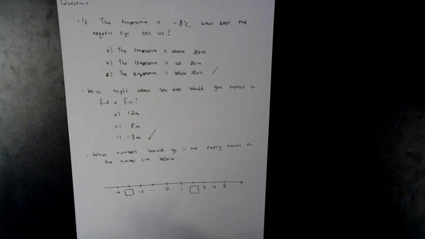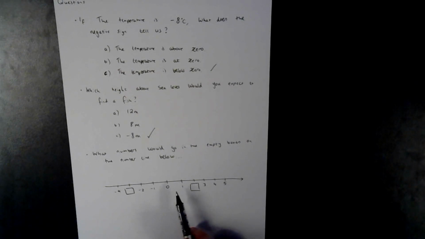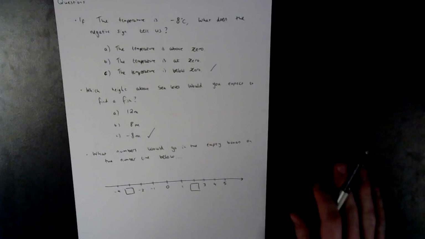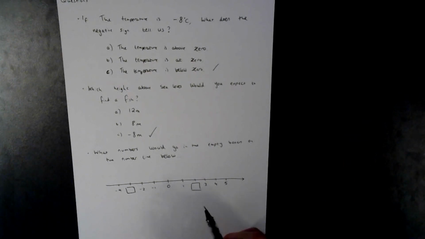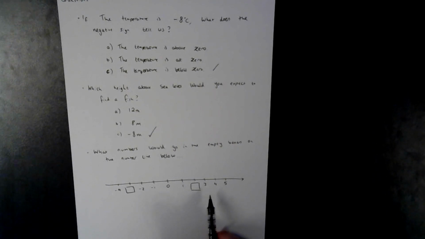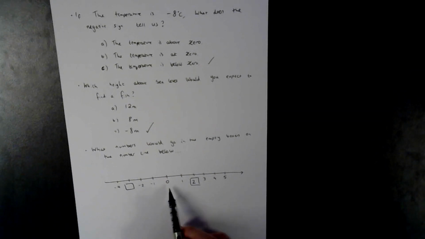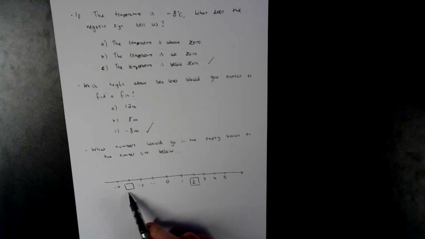Okay, so we have one last question here, which is what numbers would go in the empty boxes on the number line below? Well, this first box should be a doddle because this just links back to the counting, the place value that we've all done before. So it's just what number comes between 1 and 3. That would be 2. Things start to get a bit more complicated though for this box here.